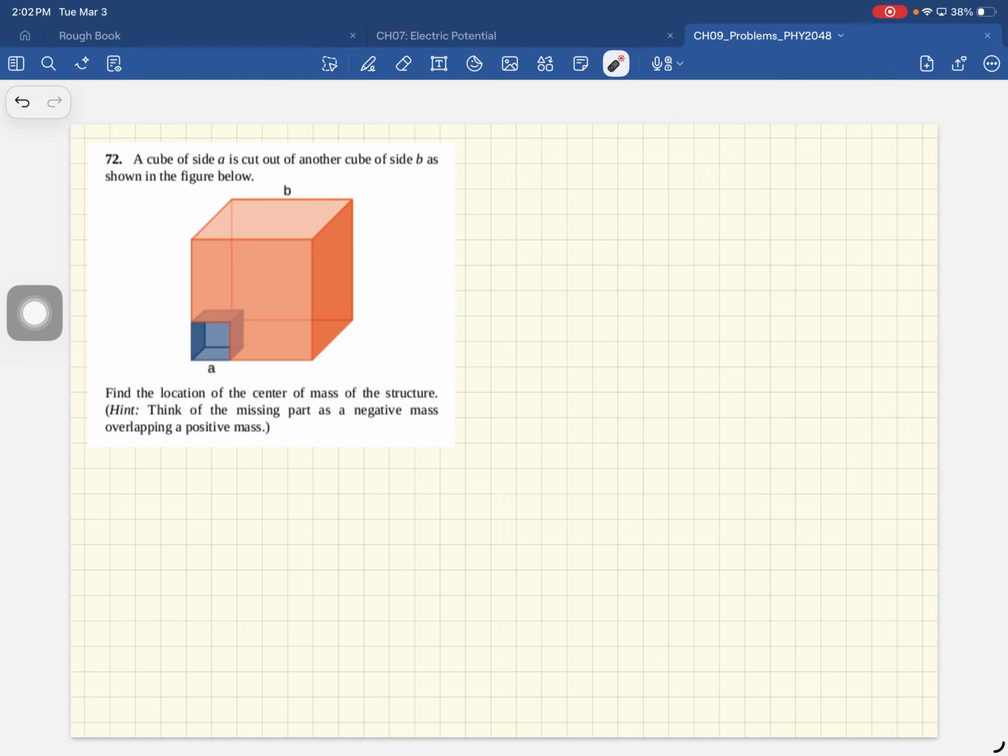Oh, I missed out a over 2 here. So m1 is that, and then there's an a over 2.